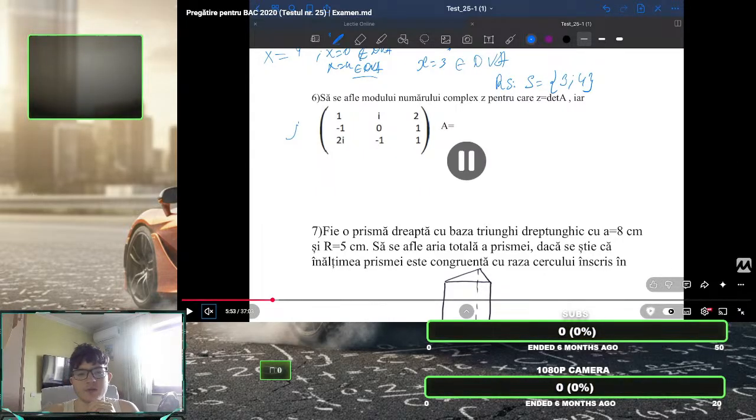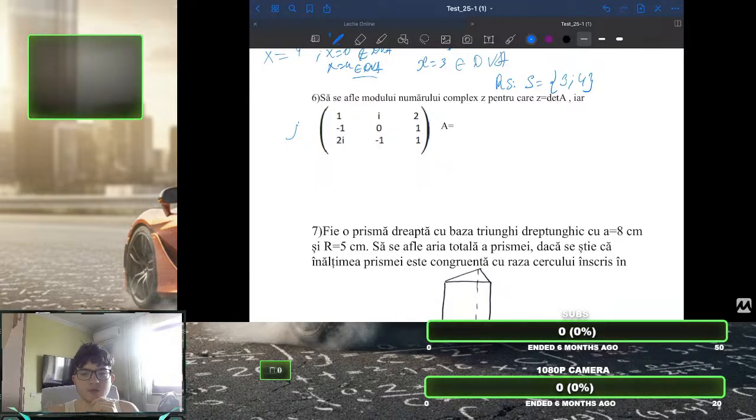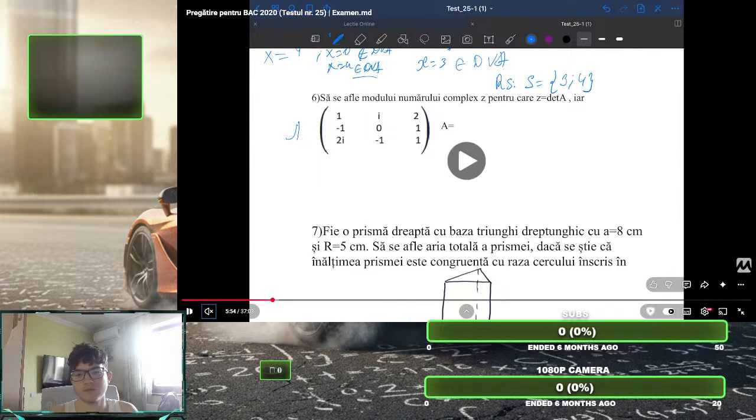Now we have to find the modulus of this complex number Z when Z is the same as this matrix. So essentially we just plug in the last two rows, multiply diagonally, and minus the other ones multiplied diagonally.